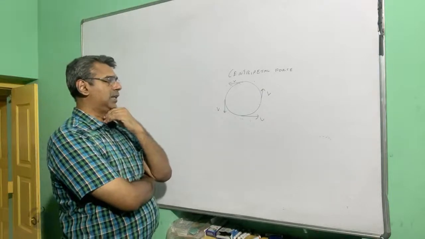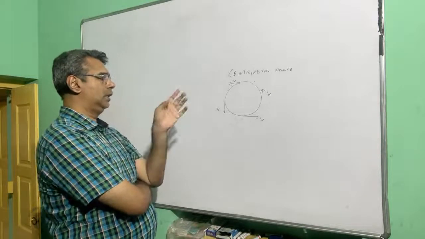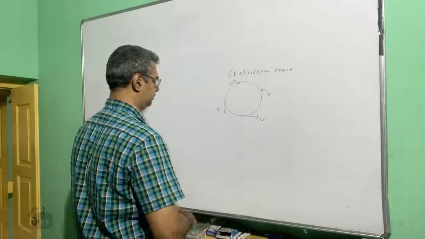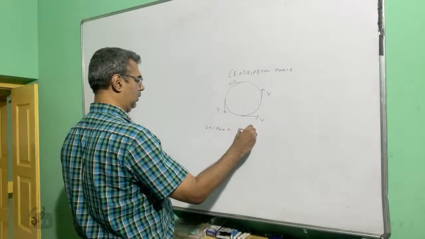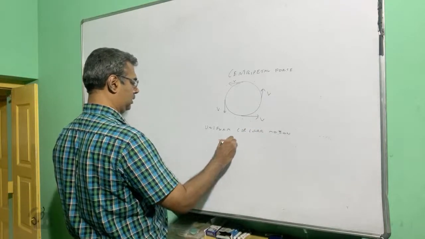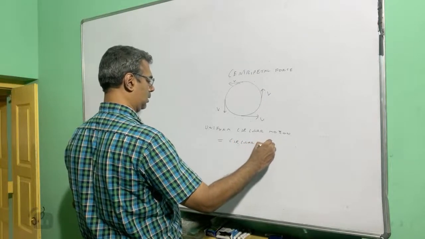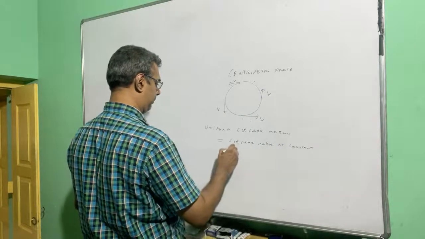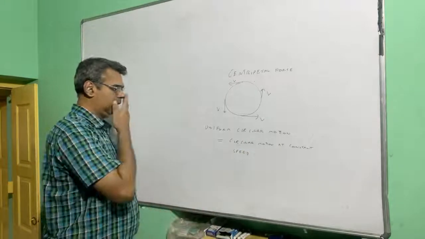In class 9, in the chapter Motion, we studied that when a body is going in a circular motion but the speed is constant, it is circular motion at constant speed.